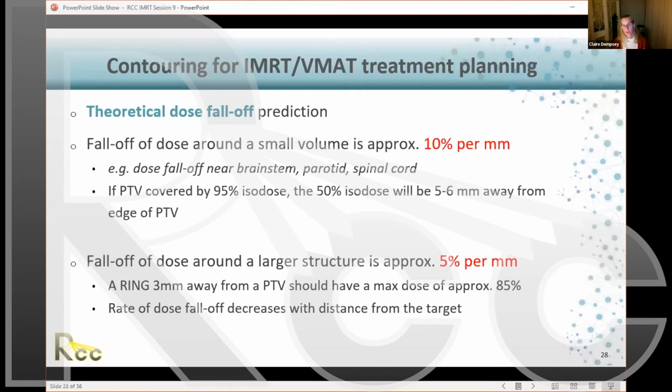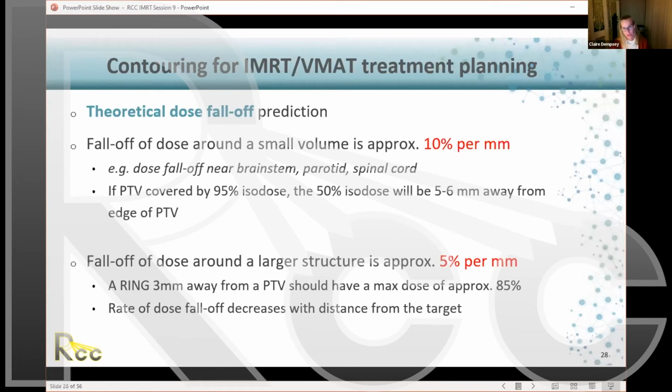So we'd assume the dose fall off should be around 10% of our prescription dose per millimeter away from the PTV. For example, let's say our PTV is covered by the 95% isodose. The 50% isodose will sit around 5 or 6 millimeters away from the edge of the PTV. So we're dropping 10% per millimeter as we move away.